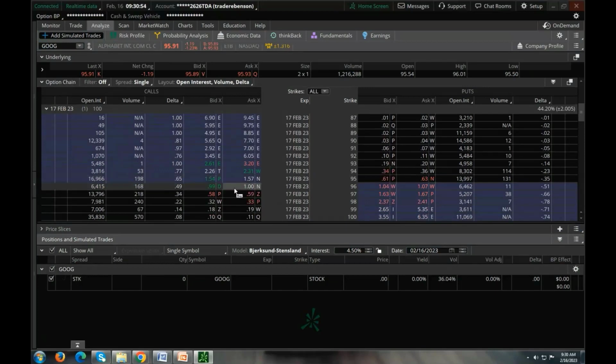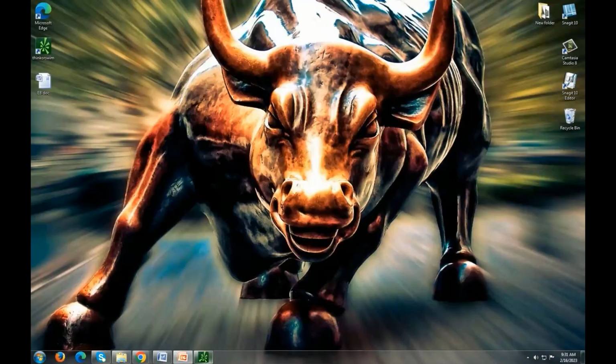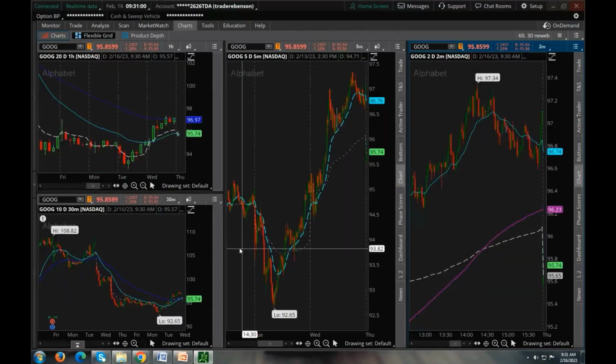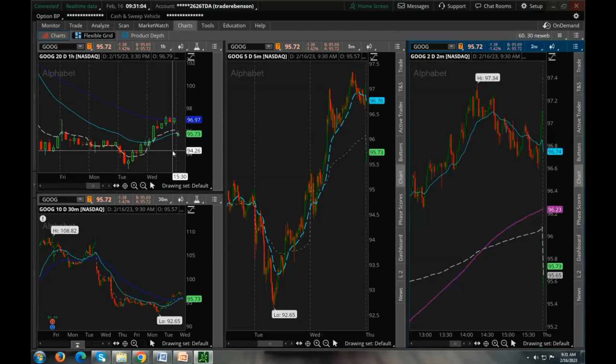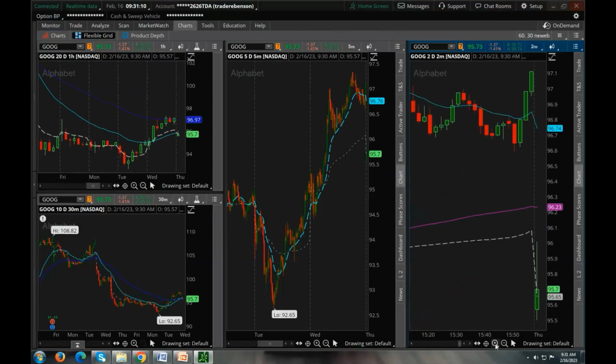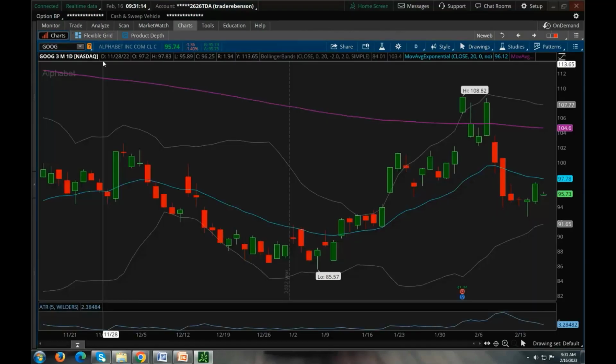But we could do at the money calls, 156. It's a decent setup. I put my stop here at 94. The only thing I don't like about it is we're in the sell zone on the 60-minute time frame. So I'll just pause on that. Things are not as clear as what they were.